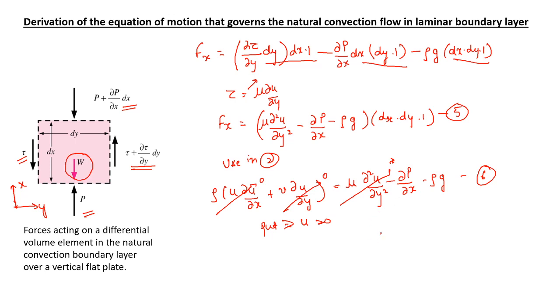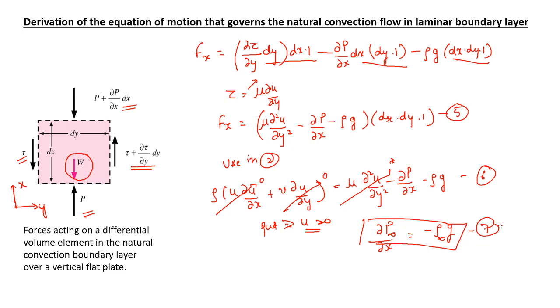So we have del p over del x equal to minus rho g, with the slight modification that outside the boundary layer, where the fluid is stationary, the pressure and density are atmospheric. Let's say this is equation number 7, and it is similar to the relation for variation of hydrostatic pressure in quiescent fluid with height.